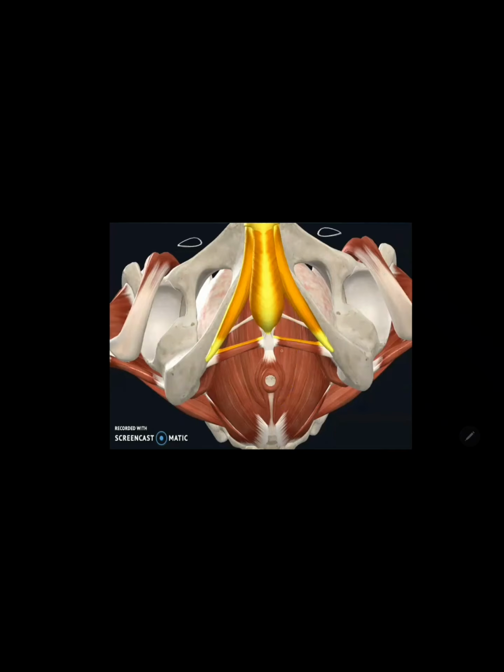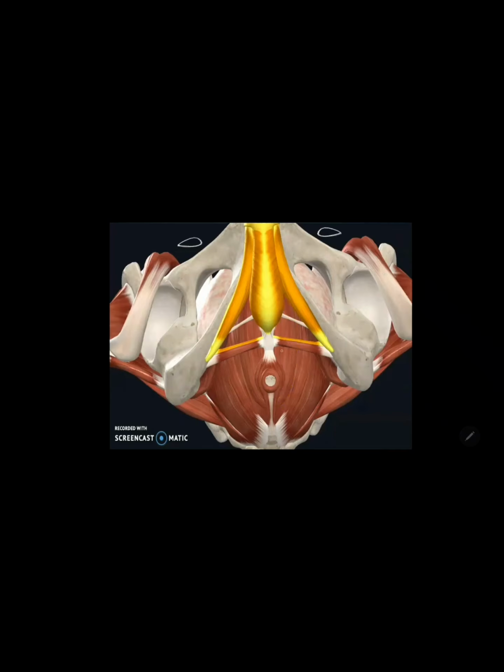And here you can see these muscles are attached to the perineal body. The perineal body is a fibromuscular node. You can also see part of the external anal sphincter attached to the perineal body.